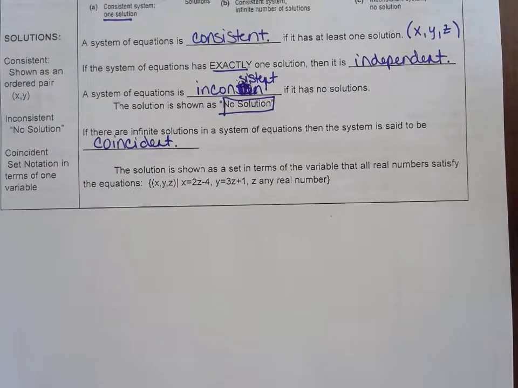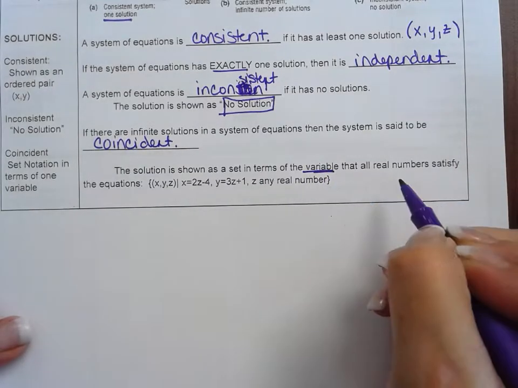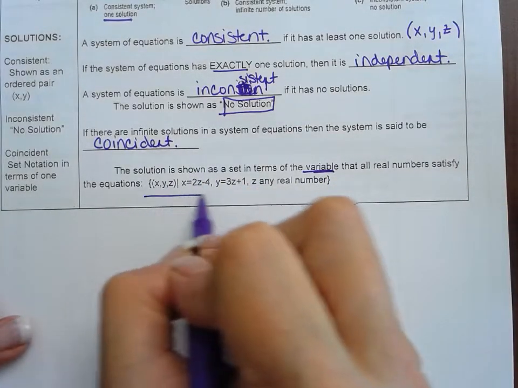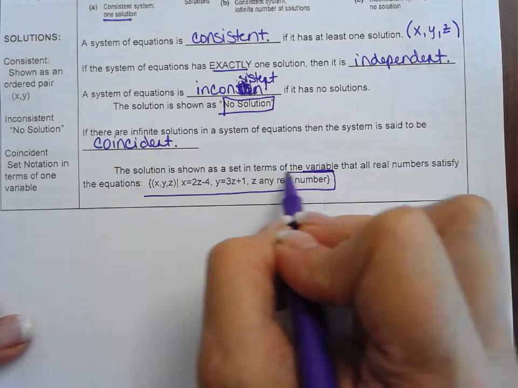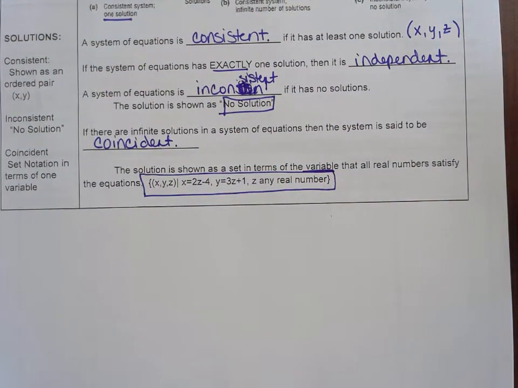When you write the solution for that, it's set in terms of one variable, and your solution is going to look something like this. There are specific steps to get to that, and we'll go through them. But there are three different ways that you show your answers, depending on what they are. Okay? All right, so let's do some of these.